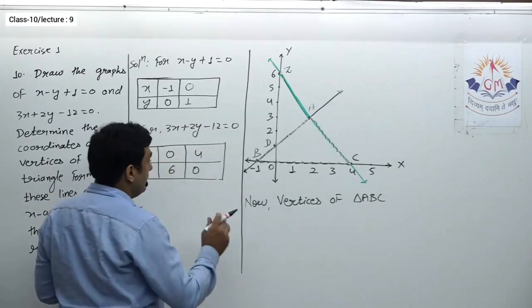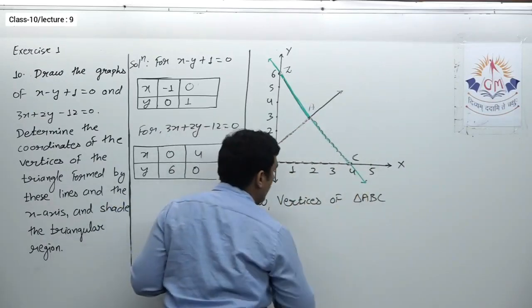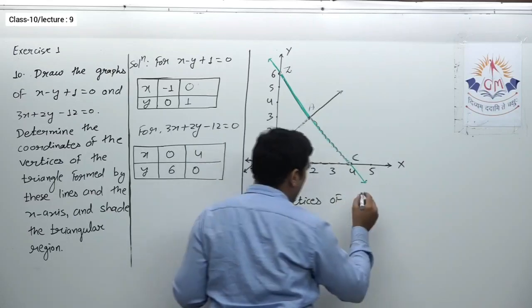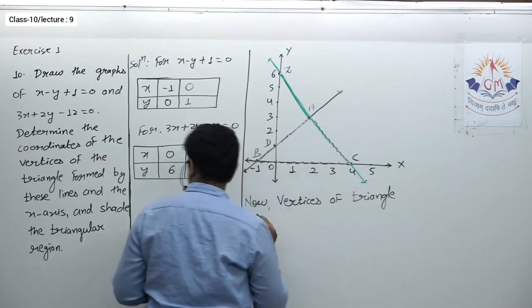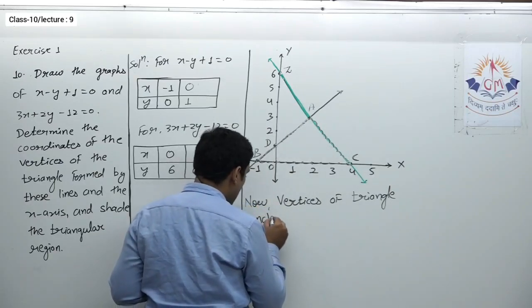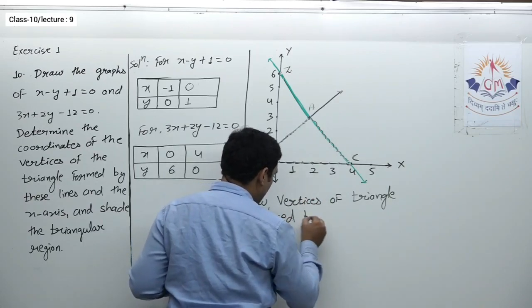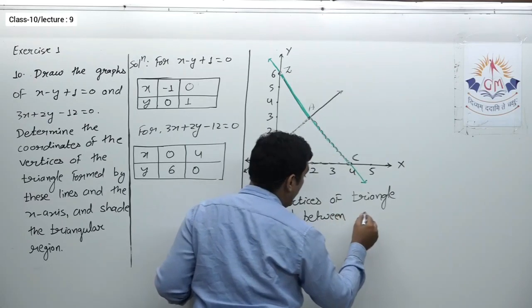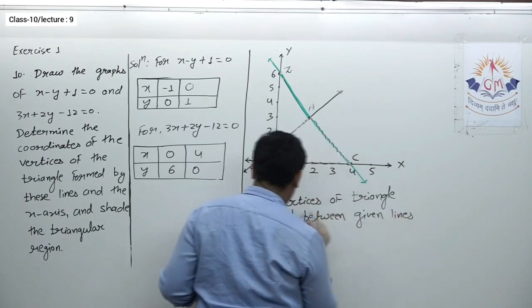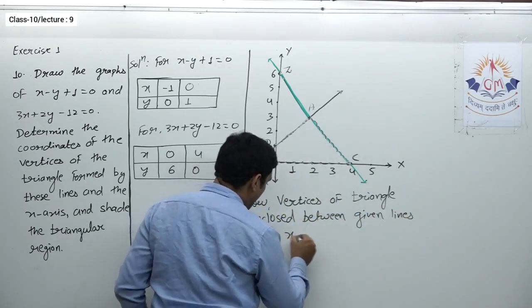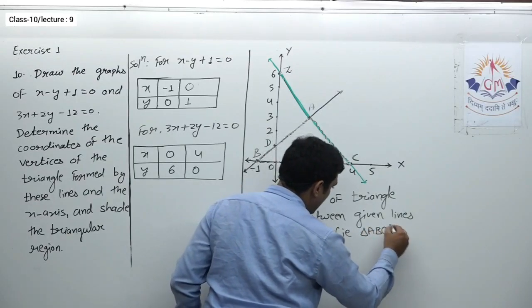Here they are asking for the triangle which is enclosed between the lines and the x-axis. So the vertices of the required triangle, the triangle enclosed between the given lines and x axis, that is triangle ABC.